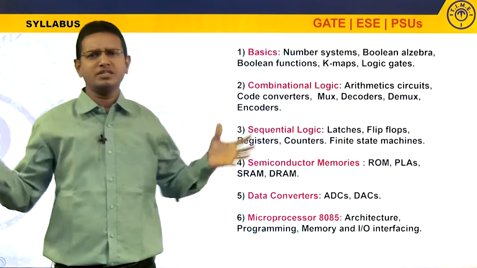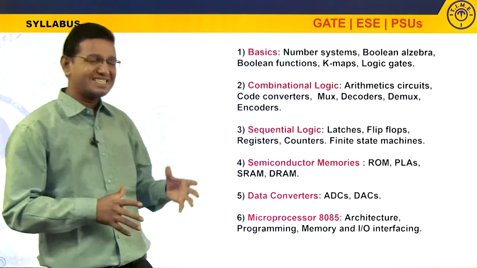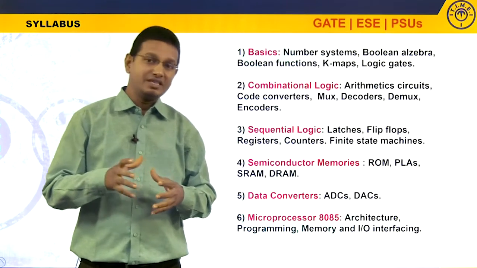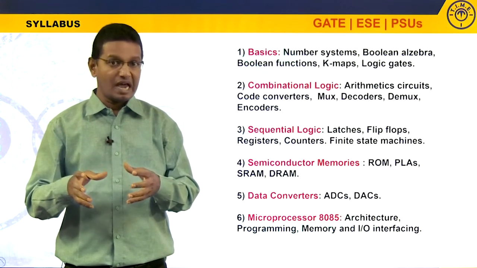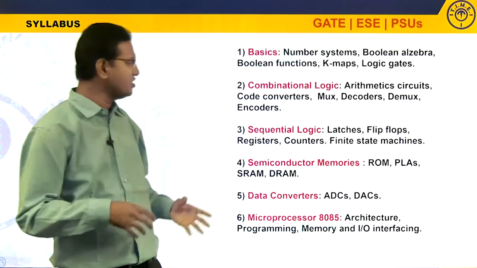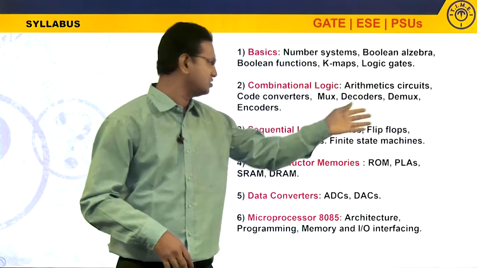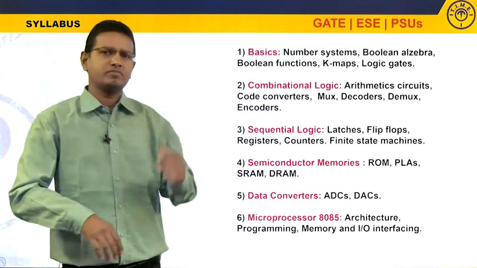The complete subject is about the designing of these logic gates and assembling them into complex circuits, making different types of circuits like arithmetic circuits, code converters, mux, decoders, demux, encoders and whatnot.